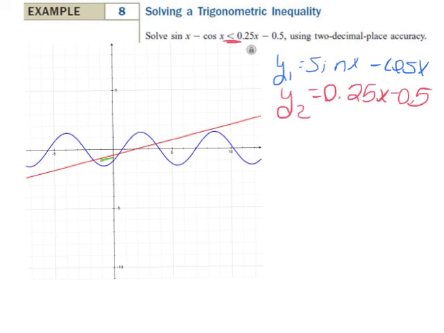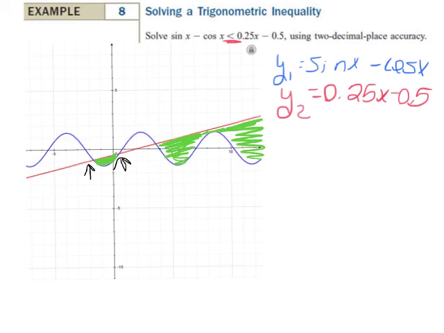And if you'll notice, it's less than in this area here. You want your sine x minus cosine x to be less than, and it's less than here as well. So if we take a look at these points, what we've got is right here and right here. We've got that interval.